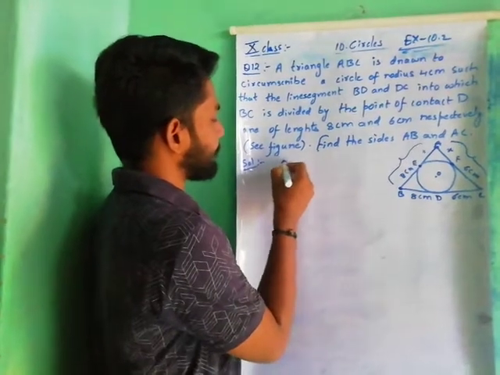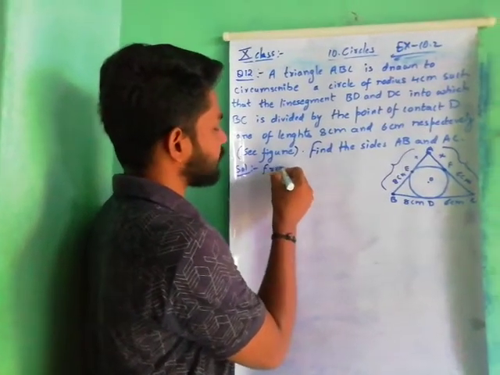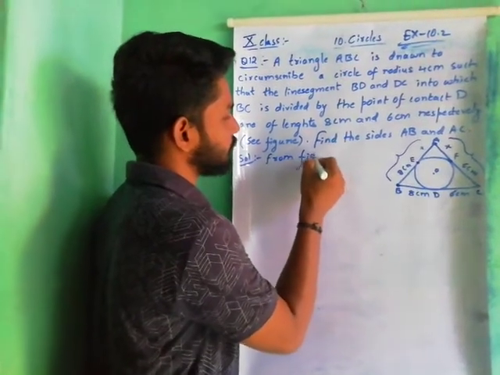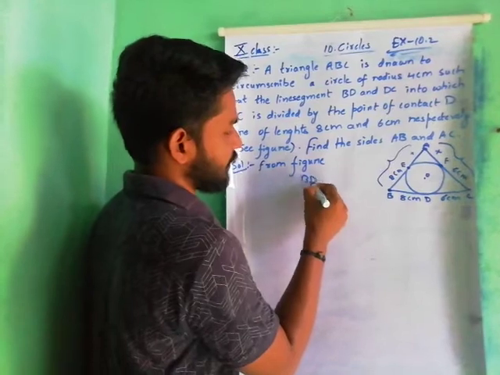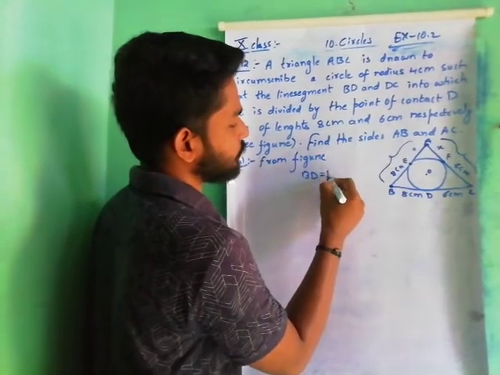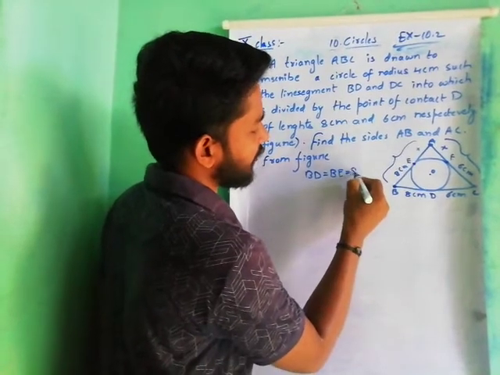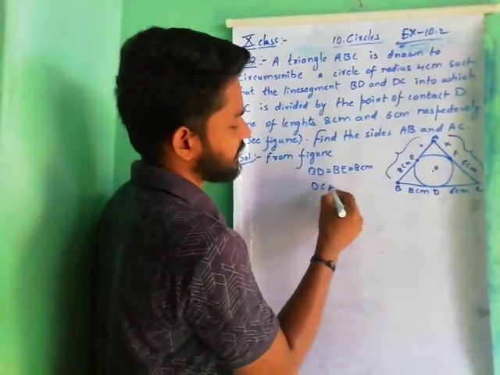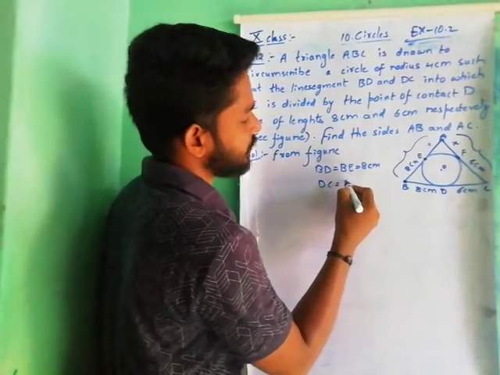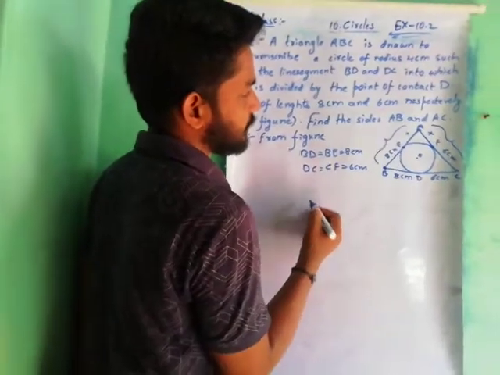Here, from the figure, BD is equal to BE is equal to 8 centimeters. DC is equal to CF is equal to 6 centimeters.